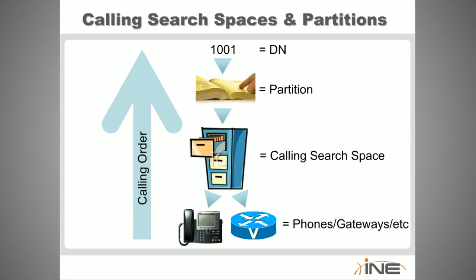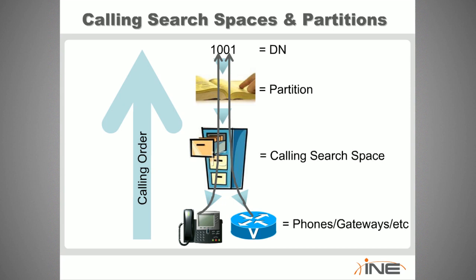And then we assign the calling search spaces to phones or gateways or what have you. That is, we assign the filing cabinets to the devices that need to place the call. They actually have to look up in their filing cabinets to see, do I even have a directory to know what that number is? This is how we build class of service, also called class of restriction.